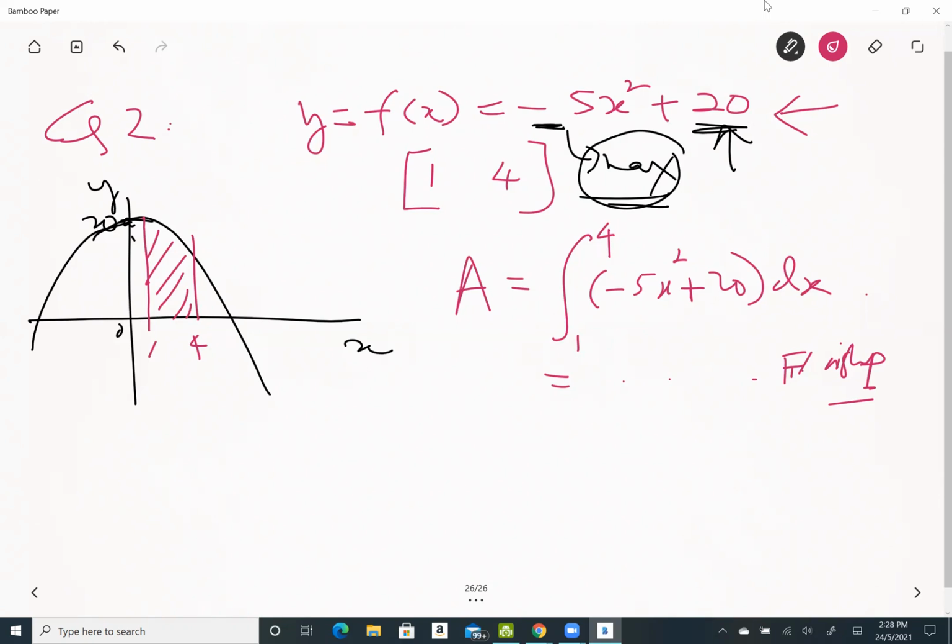Okay, anybody got the value yet? What is the integral that you get? It's negative 5x cubed over 3 plus 20x.